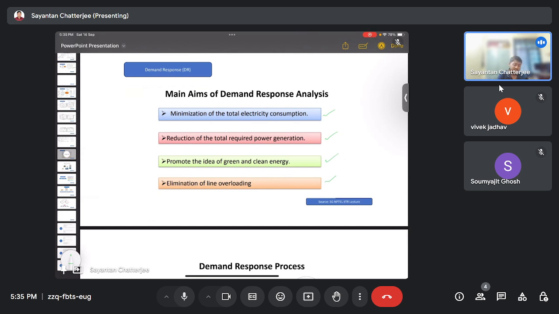There are various people doing research on protocol conversion schemes to enhance demand response.